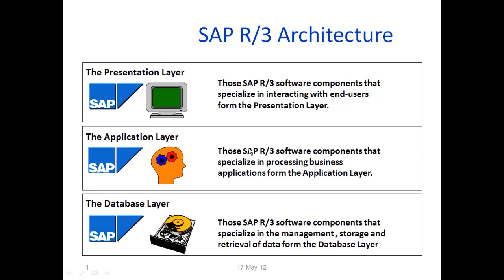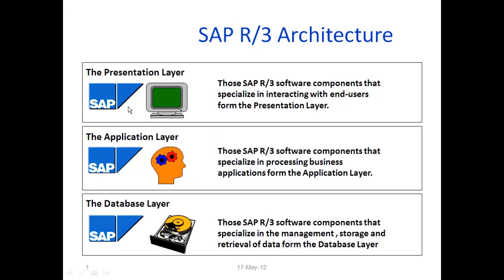Date range between 01/01/2012 and 17/5/2012. In this range, what are all the purchase orders created by purchasing department 1000? So these validations have gone to the relevant database tables, and then it fetched the data.